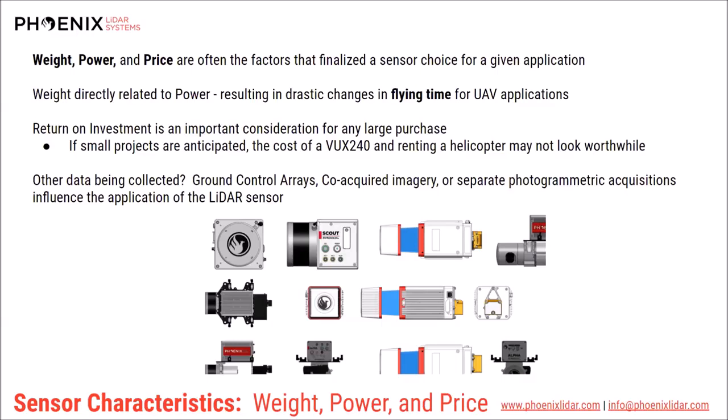Whereas a system that is lighter, perhaps with a shorter range or smaller field of view, might be able to collect just as much or more due to its longer flying time. Important things to weigh when thinking about your application, and especially when you're thinking about the possible platforms that you can apply these systems to.